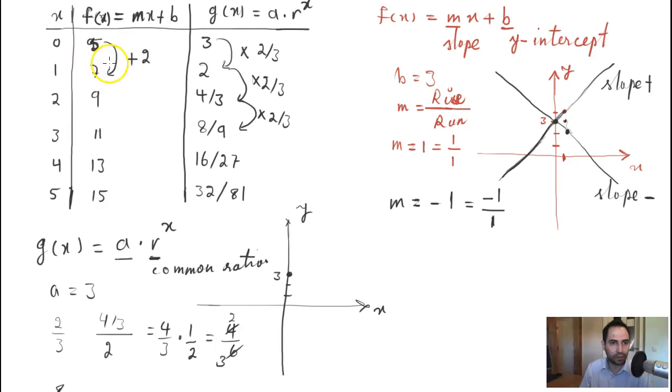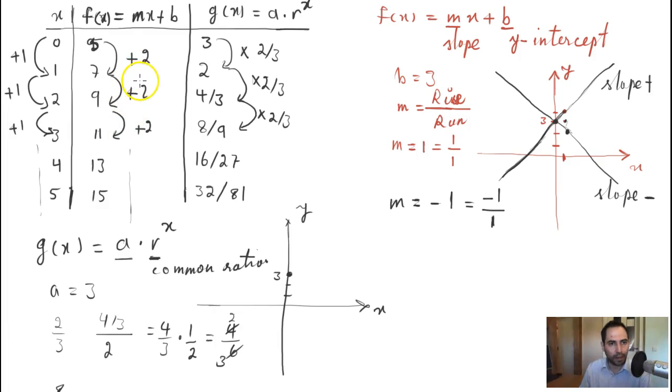In the inputs, you're always adding one unit here, 1 unit here, and so on and so forth. The same thing is happening in the output: you're adding 2 to 5, you're getting 7. You're adding 2 to 7, you're getting 9. You're adding 2 to 9, you're getting 11, and so on and so forth.